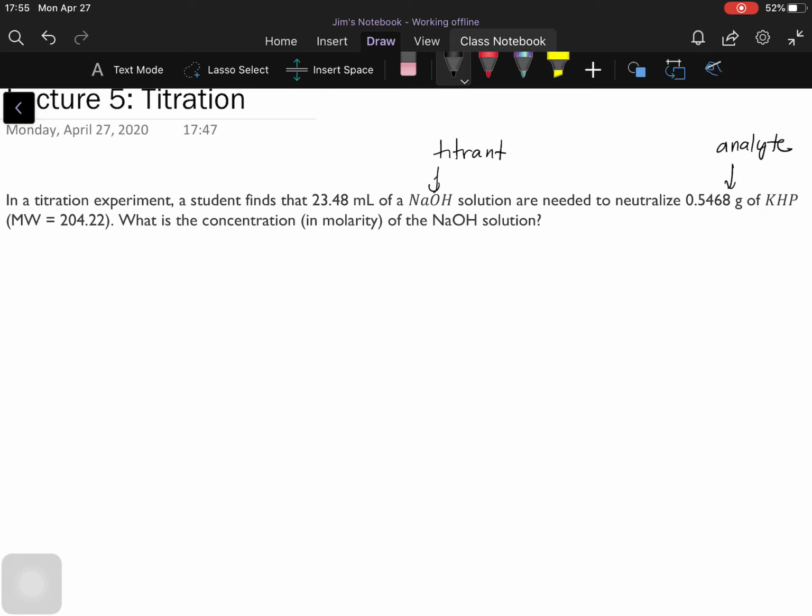Okay, so after identifying which one is the titrant and which one is the analyte, we are going to write down their chemical reaction. Sodium hydroxide is a monobasic substance, which means it produces one hydroxide ion. KHP here is a compressed term for potassium hydrogen phthalate.